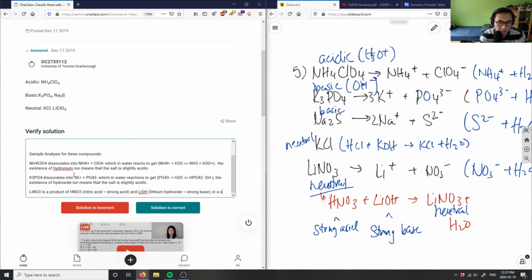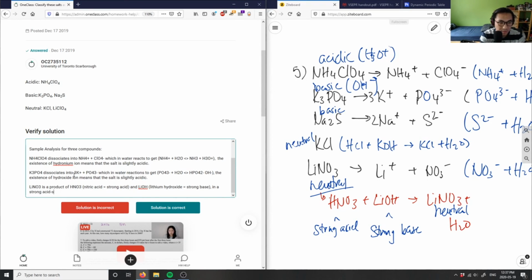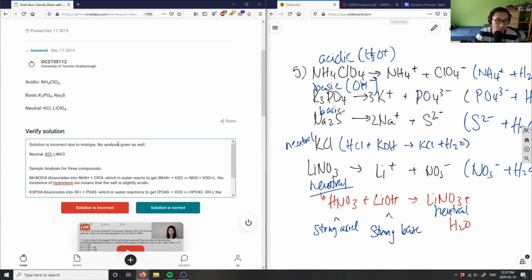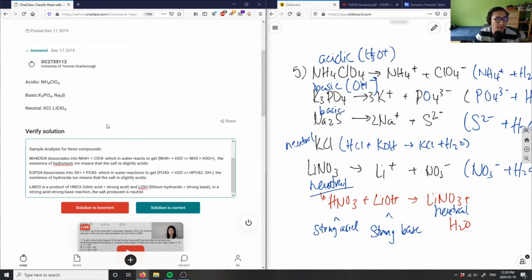In a strong acid, strong base reaction, the salt produced is neutral. So this solution is incorrect due to this mistype here, and I also included my sample analysis for the 3 compounds here.